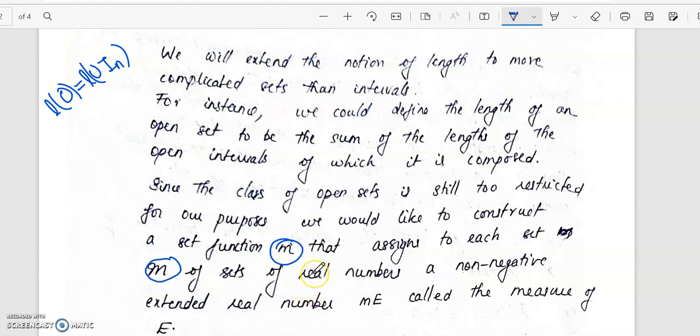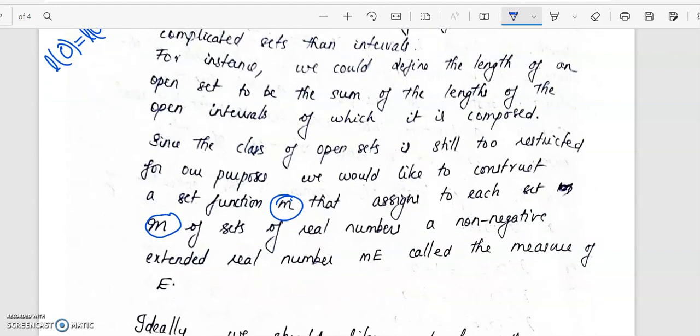It need not necessarily be open or closed. So script m denotes any arbitrary subset of real numbers. On script m we are going to define the set function m that assigns to each set a non-negative extended real number, which we are going to call the measure of the set E. So if E is a subset of real numbers, we will look at what is called the measure of E. The measure will be a non-negative extended real number.